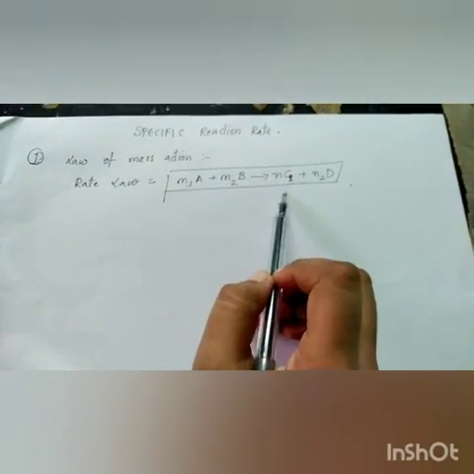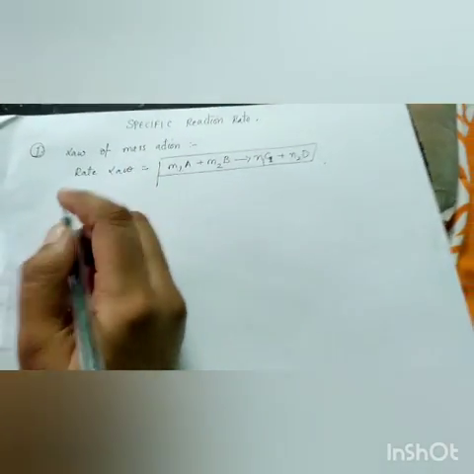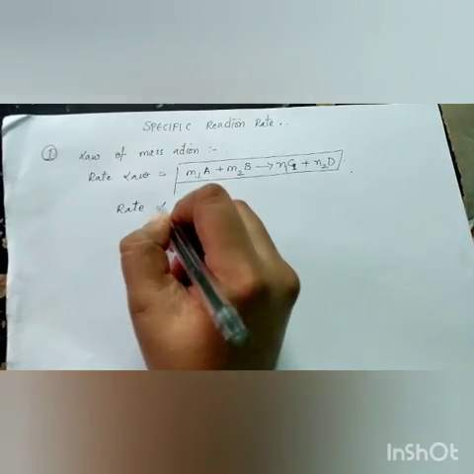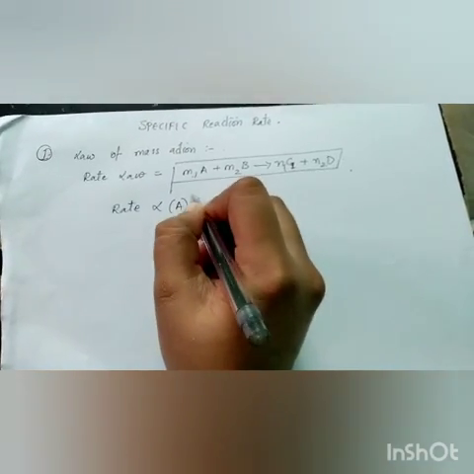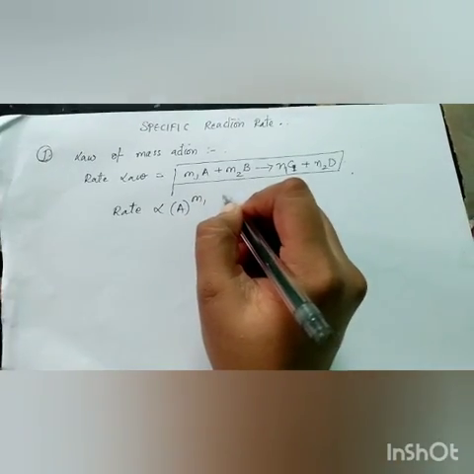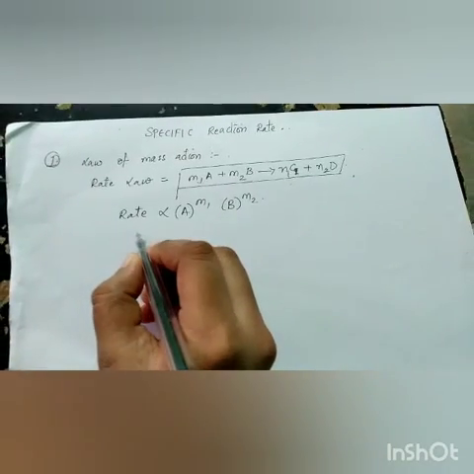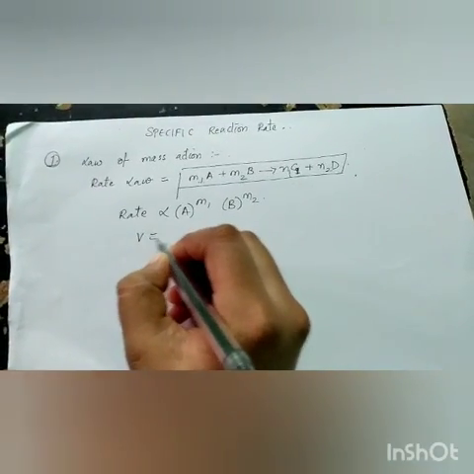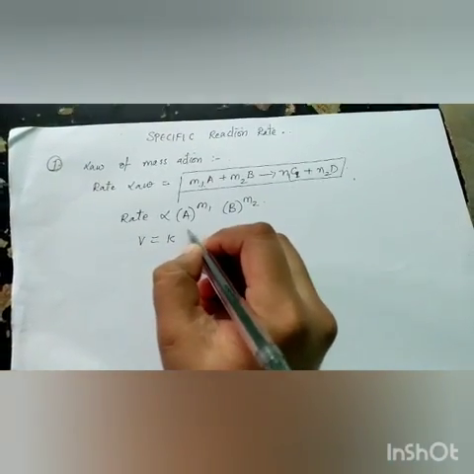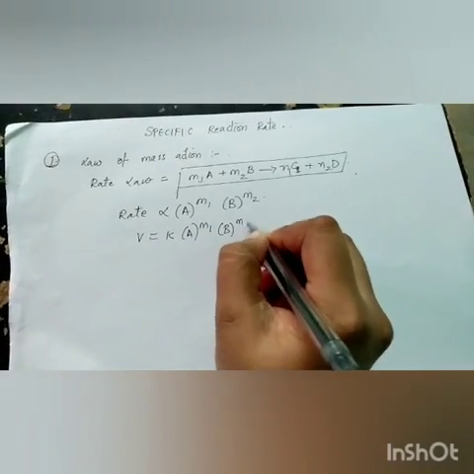Here m1, m2 and n1, n2 are the moles, and the rate is directly proportional to [A] power m1 and [B] power m2 concentration terms. So it's written as V is equal to K into [A] power m1 into [B] power m2.